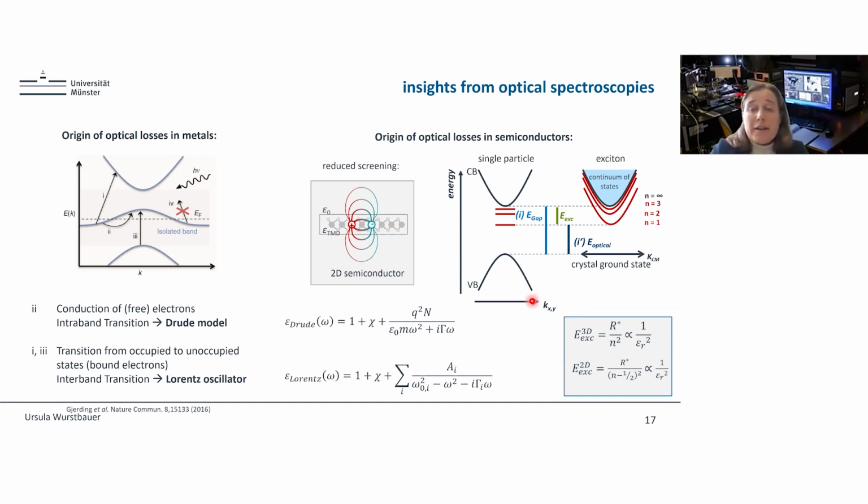And due to the binding energy, the excitonic transitions are reduced from the single particle band gap, and we should change from the single particle picture to an exciton picture, so to a many-body, or in our case, a two-body picture, where we see, according to the hydrogen model of the excitonic states, the ground state, and then the first excited Rydberg state, second Rydberg state, until we reach the continuum states, where the electron-hole pair is infinitely displaced.